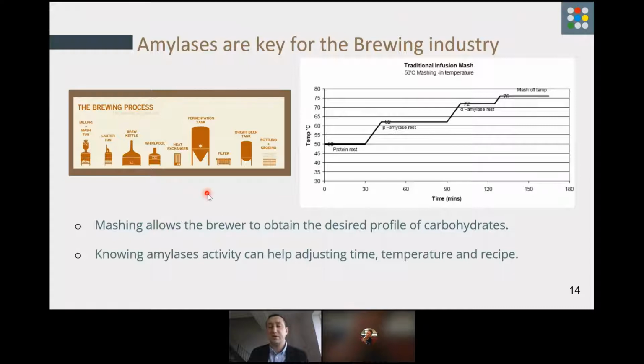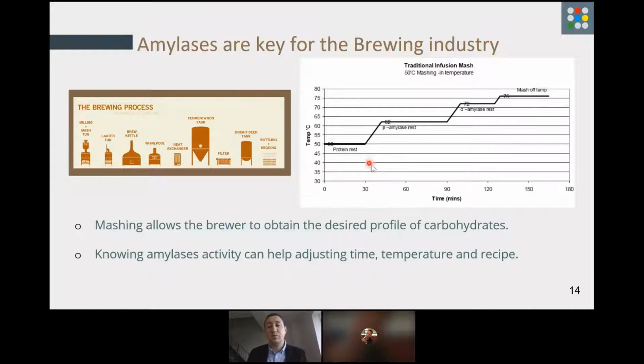And just as a reminder for most of you who probably know the process, the mashing is composed of different steps at different temperatures for different time intervals, in which different enzymes act at those temperatures. However, this is information that was defined or investigated decades ago, sometimes a couple of centuries ago.